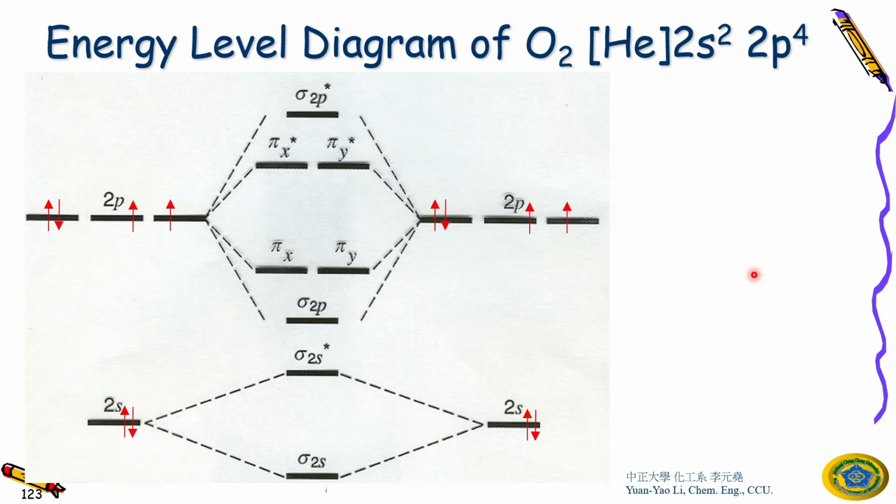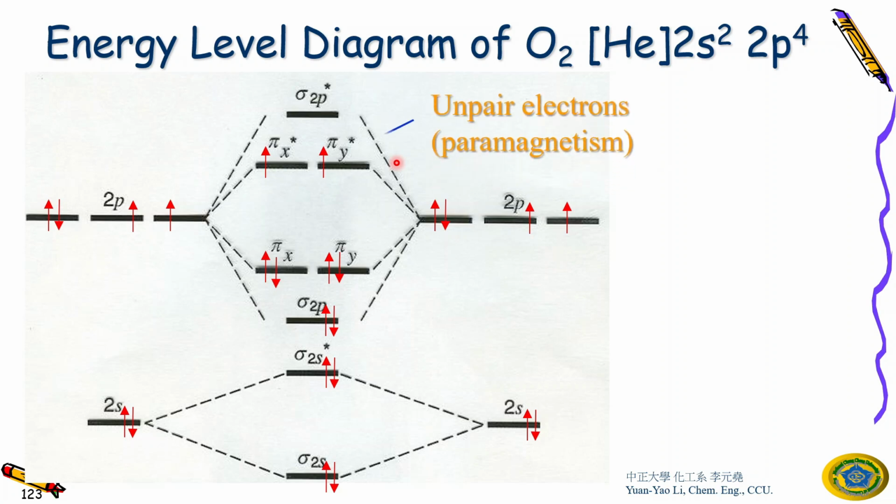Okay, so let's do it. 1, 2, 3, 4, 5, 6, 7, 8, 9, 10, 11, right? 12. So you have 2 electrons in the anti-bonding molecular orbitals. The interesting thing in science is that this shows unpaired electrons, which give the property of paramagnetism. Paramagnetism is that it's not a very strong magnet.